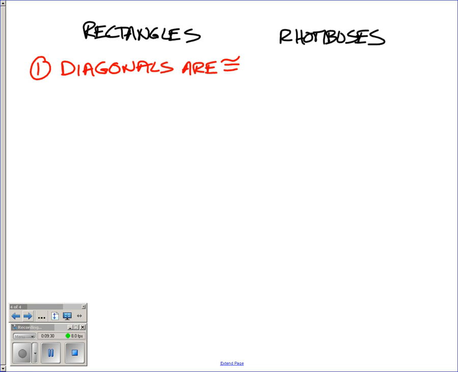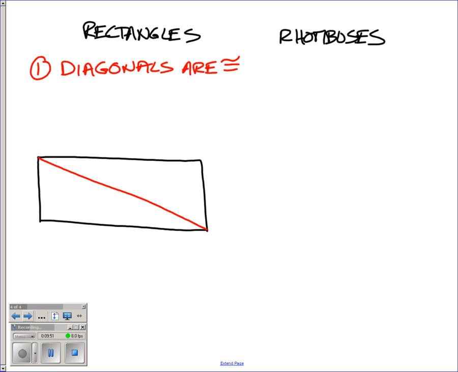All right. If you have a rectangle specifically, it still has those 5 previous properties. Opposite sides are parallel, opposite sides are congruent, opposite angles are congruent, diagonals bisect each other, consecutive angles are supplementary, but diagonals are congruent. This is the only parallelogram that has that property. These 2 diagonals here, same length, right? They have exactly the same length.